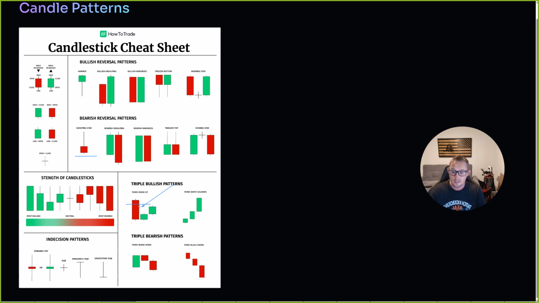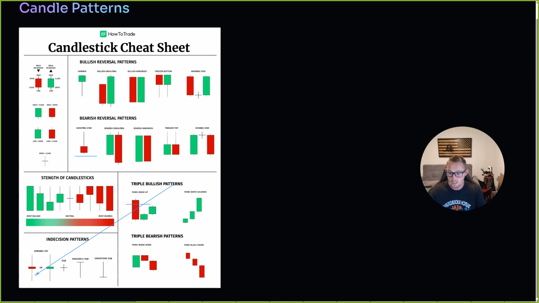If I see this big red candle, if it gives back more than half in the next two candles, I'm probably looking to get out. Like this is a signal to me, like, oh hey dude, this might not be the best idea. Another thing is this doji.